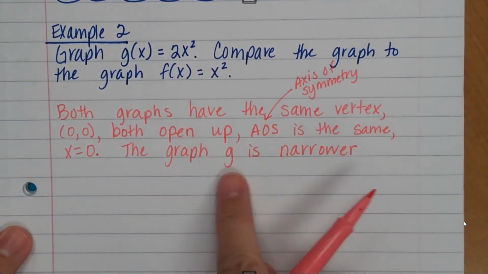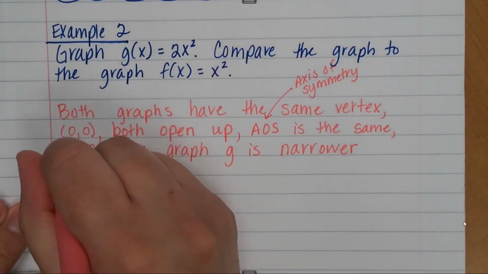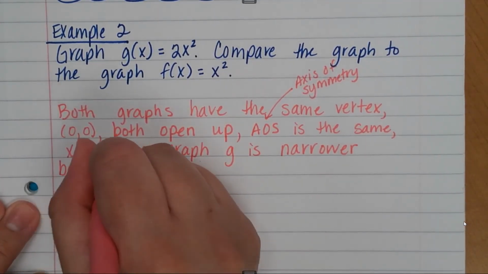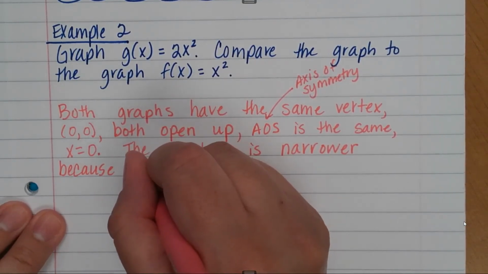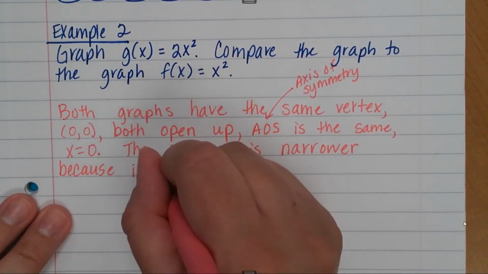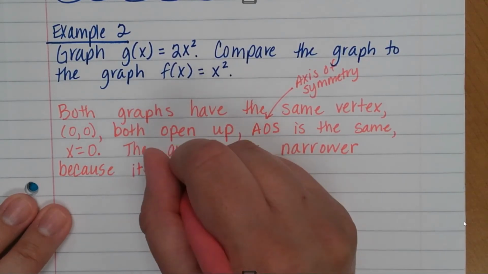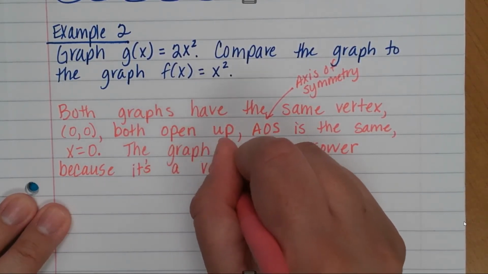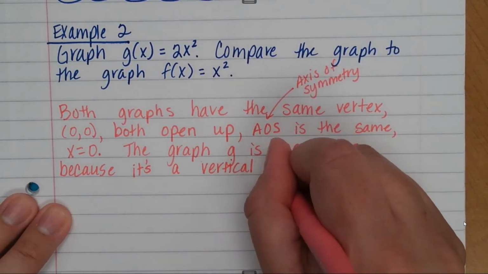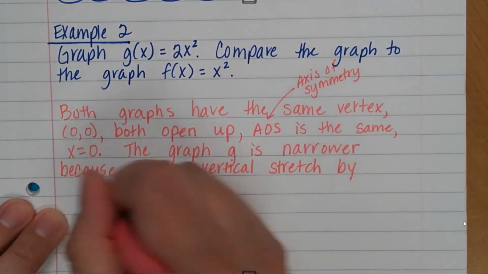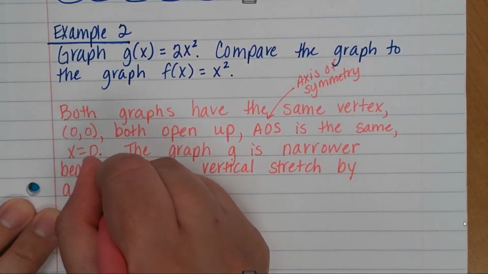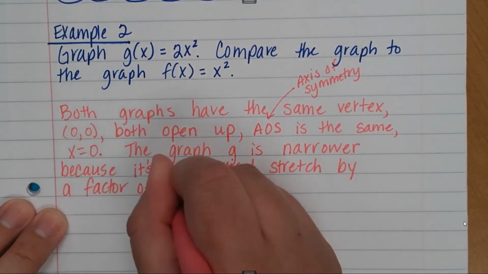So we're going to say the graph of G is narrower because it's a vertical stretch by a factor of 2.